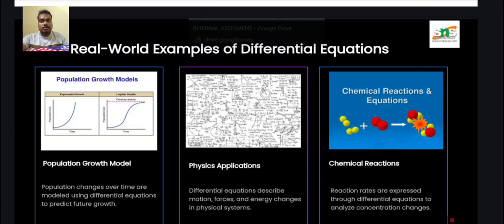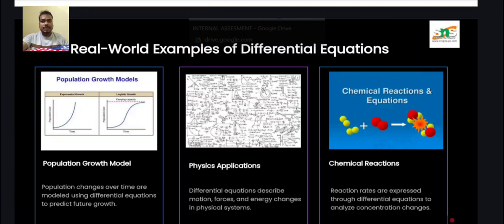Imagine you're studying how populations grow, like people in a city, bacteria in a lab, or even followers on social media. So what happens? The more people there are, the faster it grows. That idea, where change depends on how much is already there, is modeled using first order differential equation.